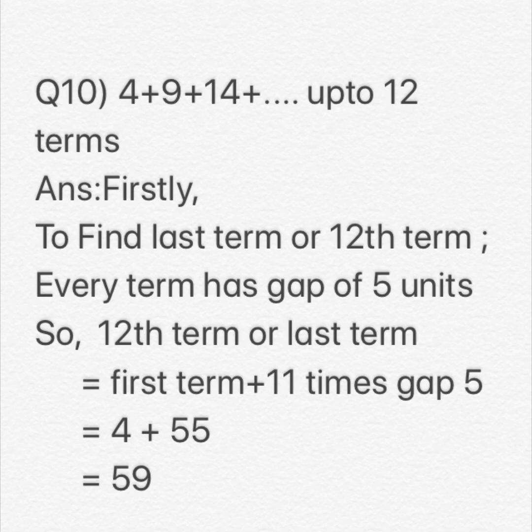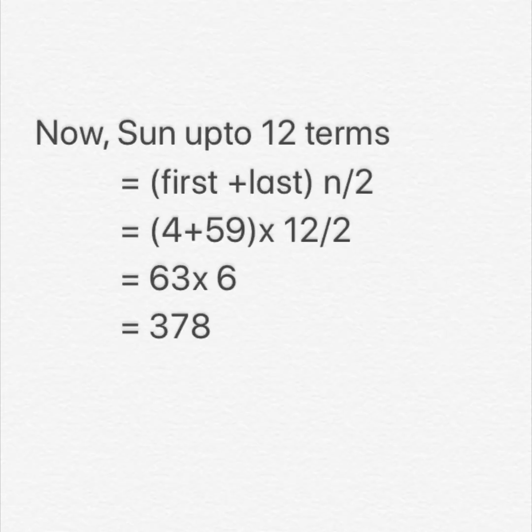Well, the first term is 4, 11 times the gap 5, 11 into 5, is 55. So the sum 4 plus 55 is 59. So this is the last term, or 12th term. After this, you know what we are going to do.